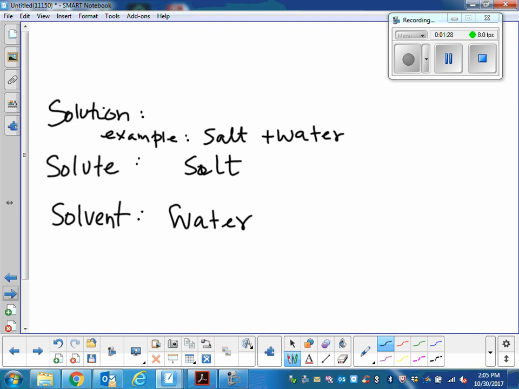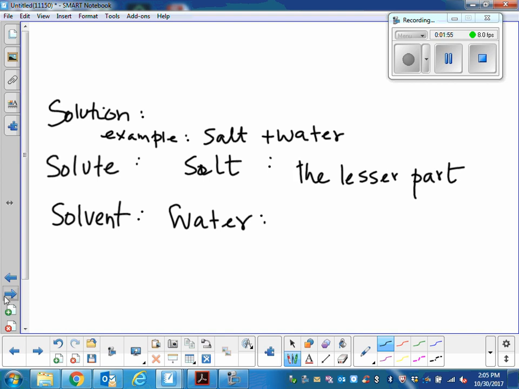Water is the solvent. And what is the solute? Salt is the solute. In other words, when we do solutions, the solute is the lesser part. When we take salt water, isn't salt lesser in amount than water? Yeah. So the one that's lesser in amount is called the solute.